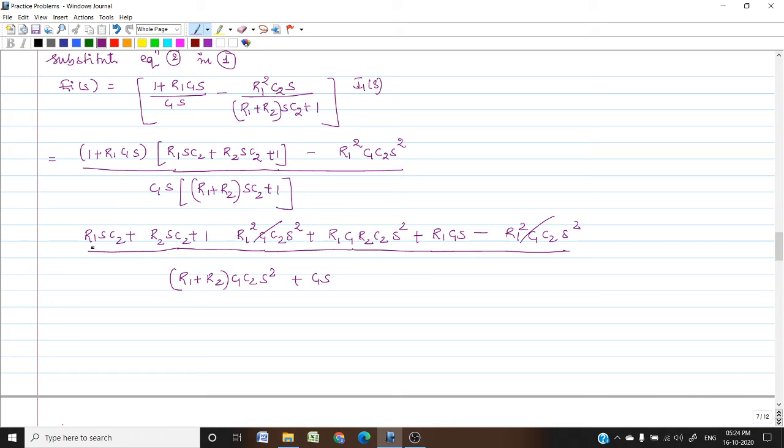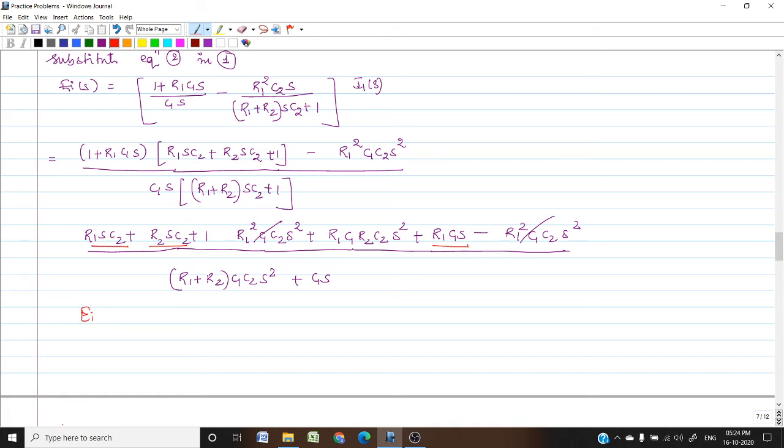Okay, so the S square terms and the S terms will be kept separately.